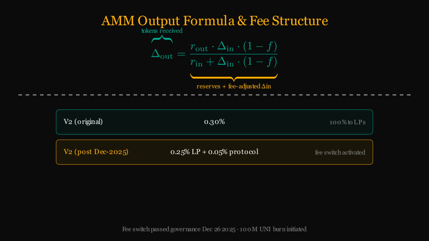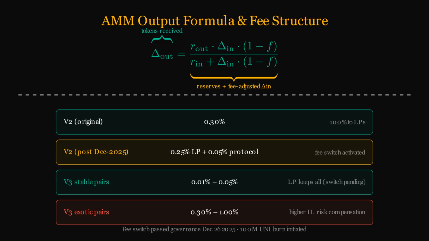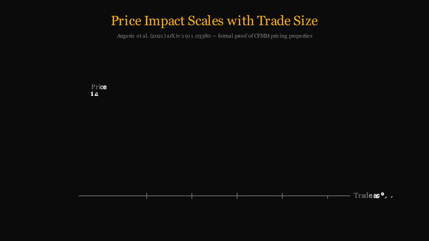V2 pools now split the fee: 0.25% to LPs and 0.05% as a protocol fee used to buy and burn UNI tokens. 100 million UNI tokens were burned at activation. V3 introduced tiered fees, 0.01 to 0.05% for stable pairs, up to 1% for exotic volatile pairs where impermanent loss risk is highest.